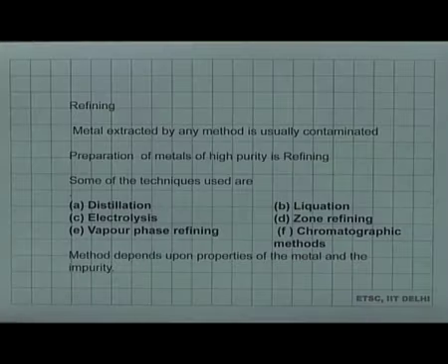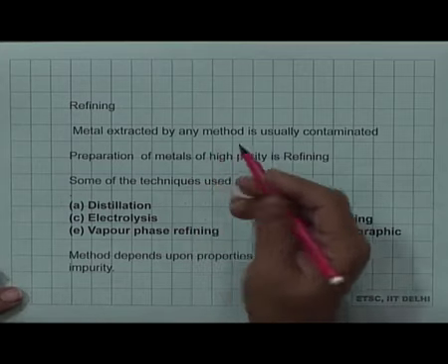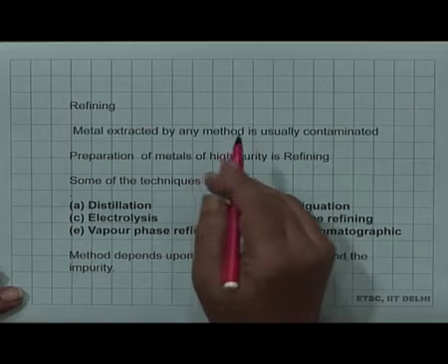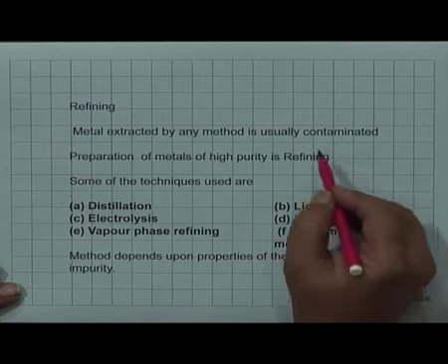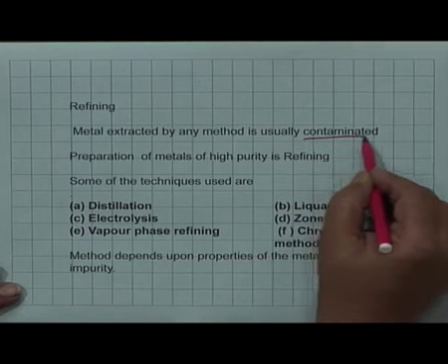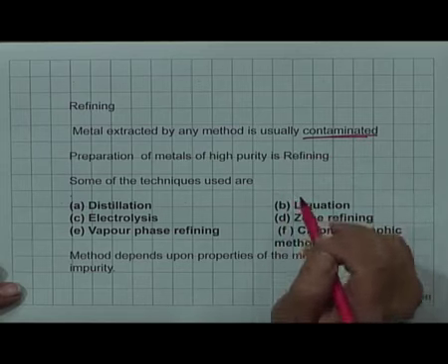the pure metal. So, metal extracted by any method, using any reducing agent, using electrolysis or any other method is contaminated. It is very important to note that it is contaminated.